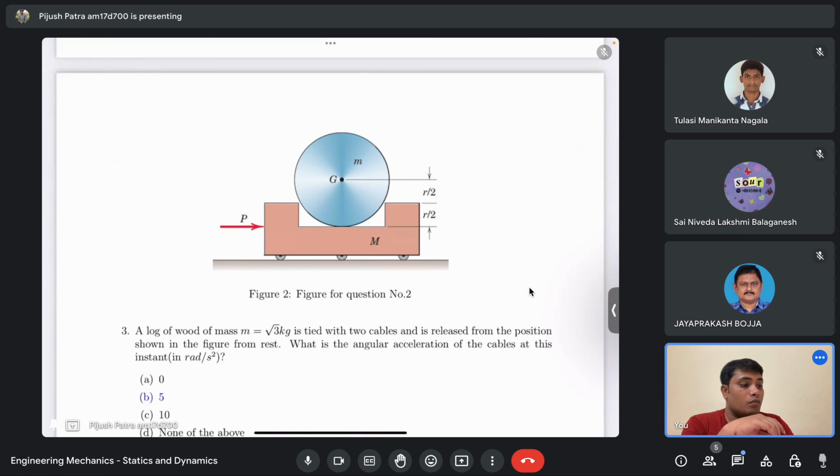So when will you apply the force in this direction? What do you expect the cylinder to do?